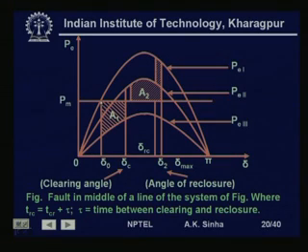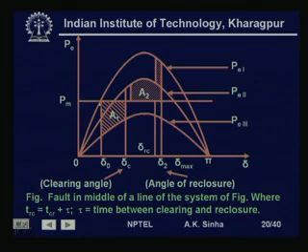So, this is delta 0 at this point. Suddenly the fault occurs, say in the middle of the line or somewhere, then based on the transfer reactance between the infinite bus and the generator, it drops down to the faulted characteristics. Delta angle will keep on increasing because of the accelerating power available.